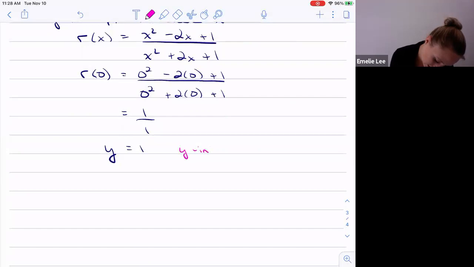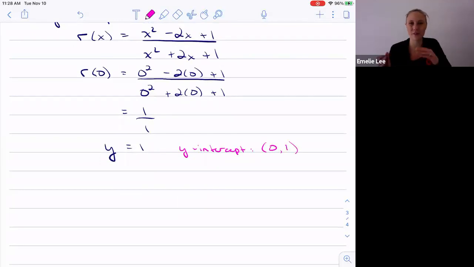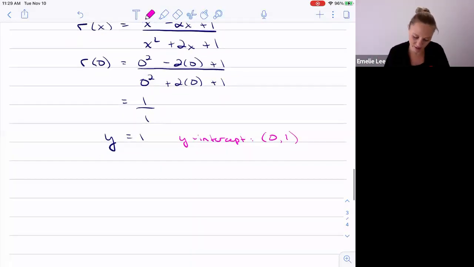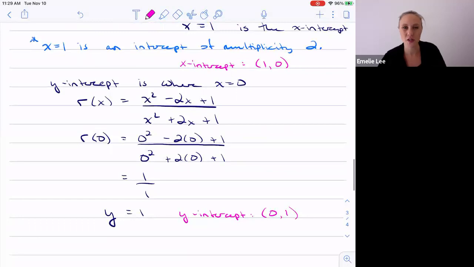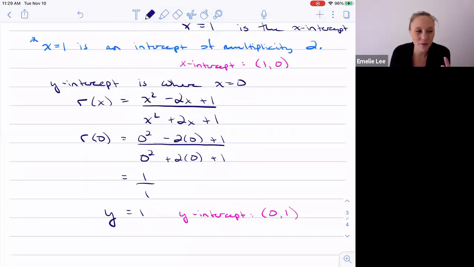And here the y-intercept: when x is 0, y is 1. Kind of a little game going on there. It's not always the case, but it's fun when it happens. All right, we found the x-intercept, we found the y-intercept, and now we can keep going.